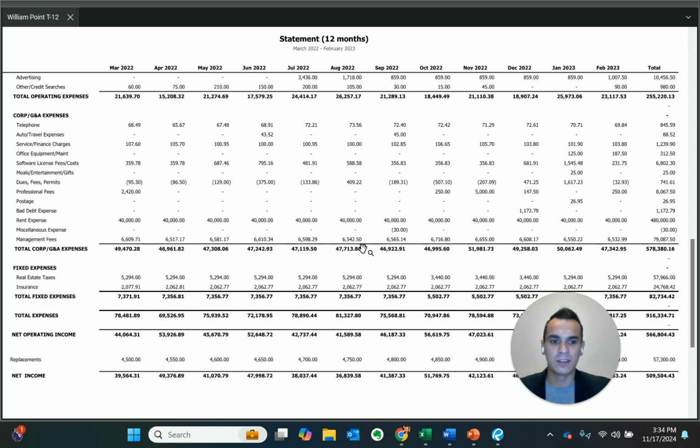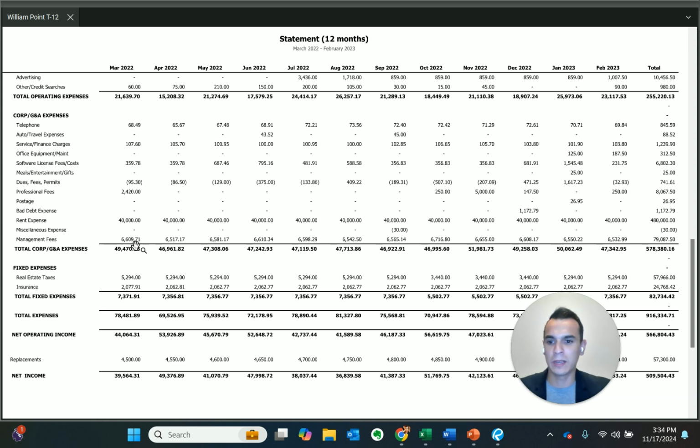Rent expense. So this could be if they're renting a unit, or if they need an office, they're actually putting this onto the income, onto the balance sheet. So that's actually a fairly hefty expense there. Miscellaneous expense down 30, nothing too much there.